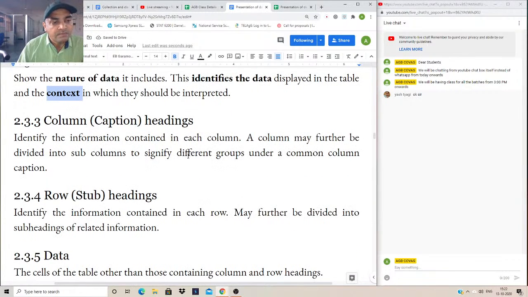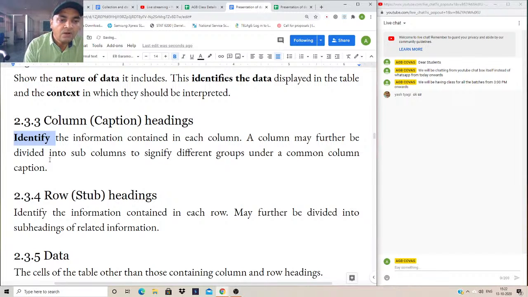Then come your columns. You already know columns. These columns are also known as captions in a table. What these column or caption headings do is identify the information contained in each column. If you read the caption or the column heading, you will be able to identify what data or information is present in that particular column.